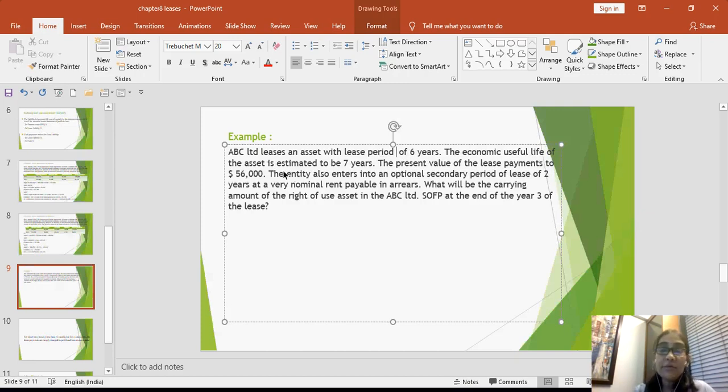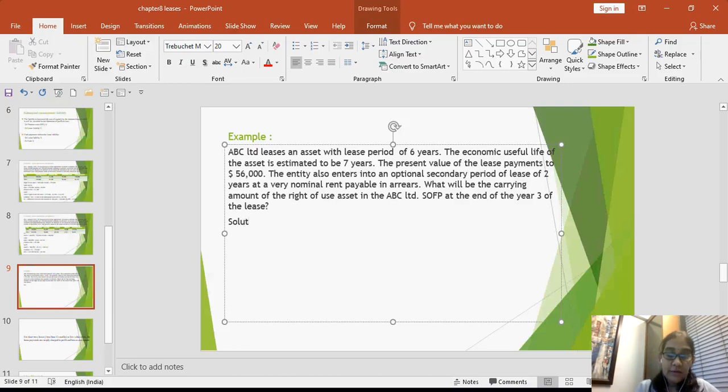The economic useful life of the asset is estimated to be 7 years. The present value of the lease payment is $56,000. The entity also enters into an optional secondary period of the lease of 2 years at a very nominal rent payable in arrears. What will be the carrying amount of the right of use asset of ABC Limited in SOFP at the end of the 3-year lease period?